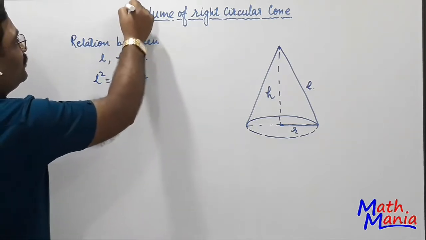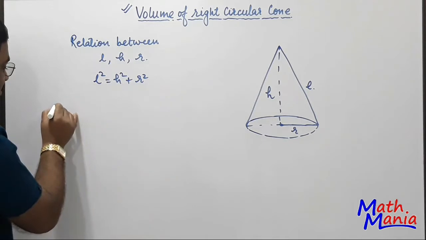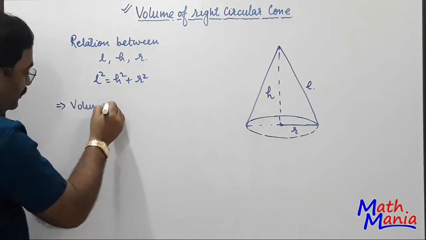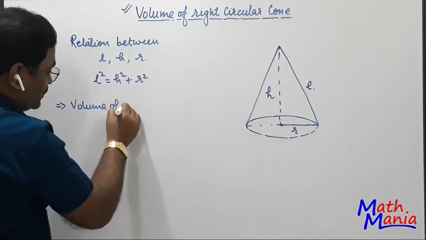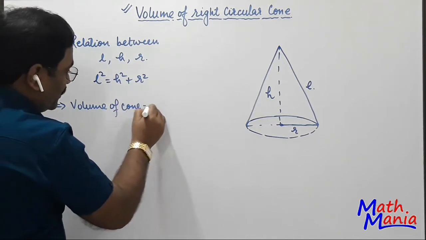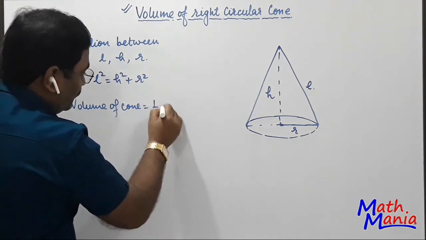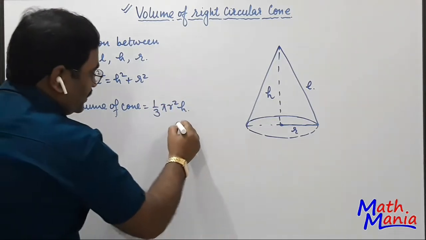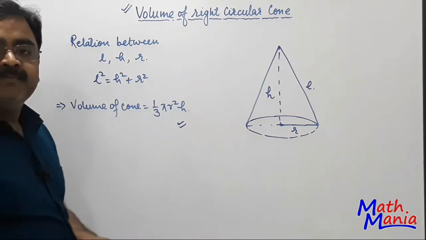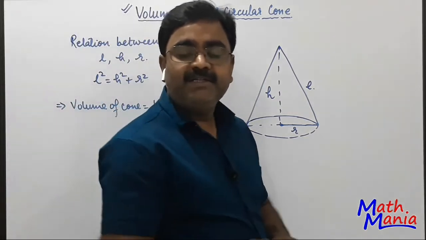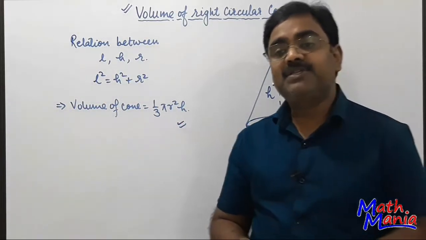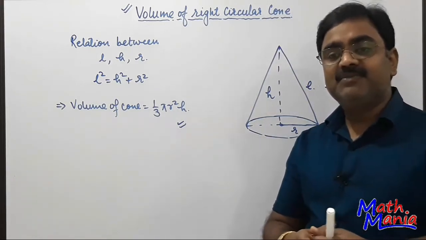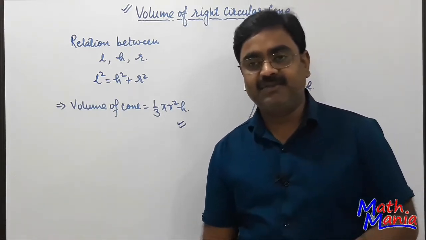As we are going to find the volume of this right circular cone, the volume of cone is equal to 1/3 of pi r square h. So dear friends, this formula is the volume of the right circular cone. We are going to discuss it through a few examples and the sums of the exercise questions.